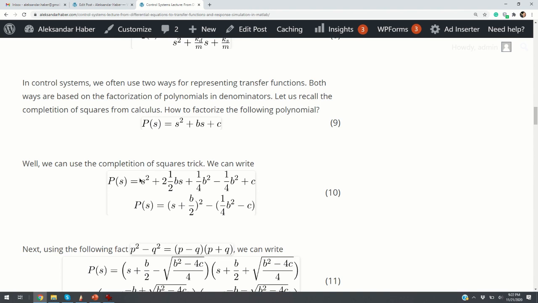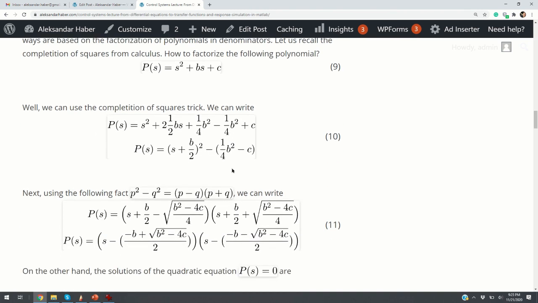So we can write p of s as s squared plus 2 times 1/2 b s, and I deliberately added here 1 over 4 b squared, and I subtracted 1 over 4 b squared, and I added c. So these two forms are equal to each other. Now, if you recall the quadratic formula, these three terms can be written as s plus b over 2 squared, and you can group these two terms into the following term.